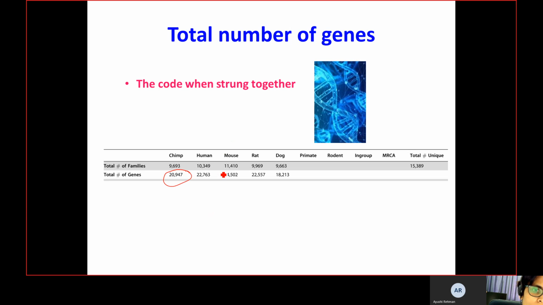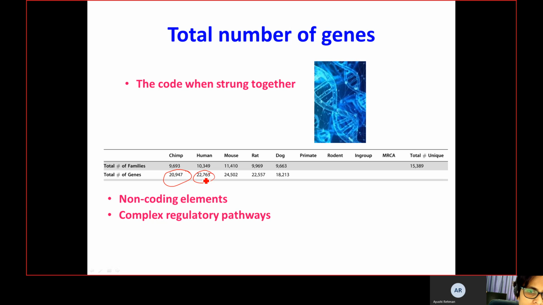And not only the coding genes, but there are non-coding elements and complex regulatory pathways we are only starting to understand. Now, the first human genome was sequenced in 2001, and since then, millions more have followed.